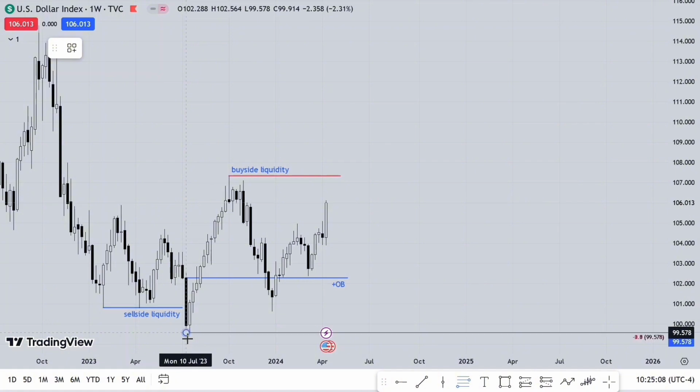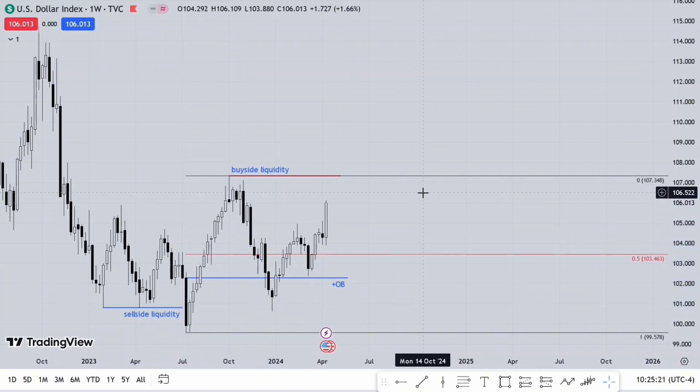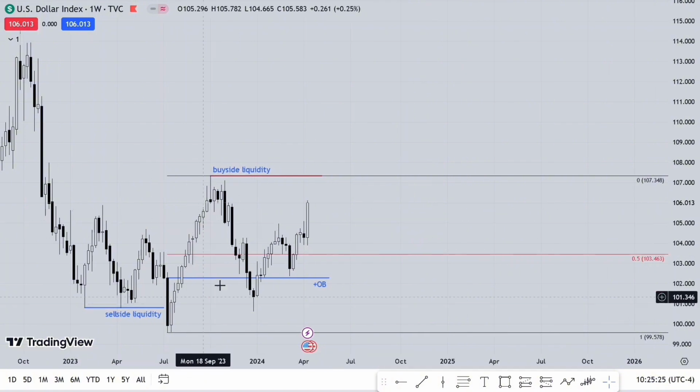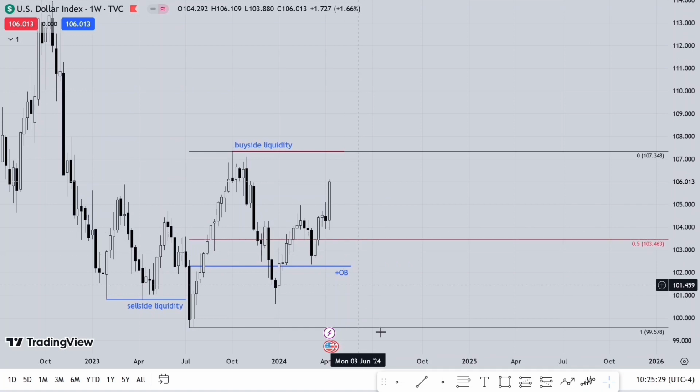From this low to this high, when this high has been established, you project the range. So we projected the range from this to this, and when price was dropping lower, we expected price to come to a discount level, because you buy at a discount and sell at a premium.